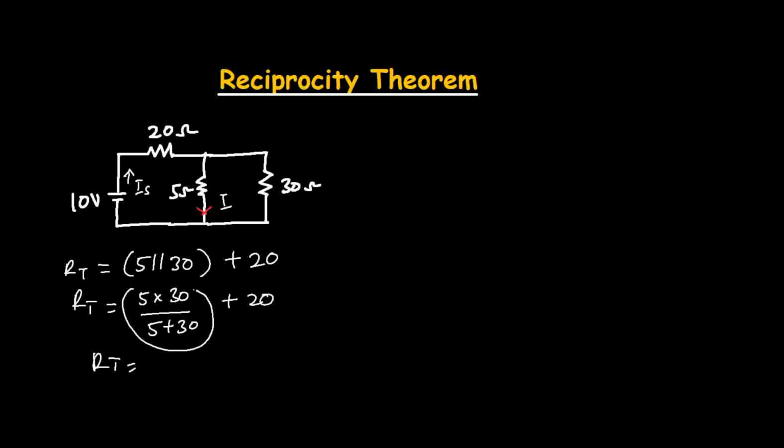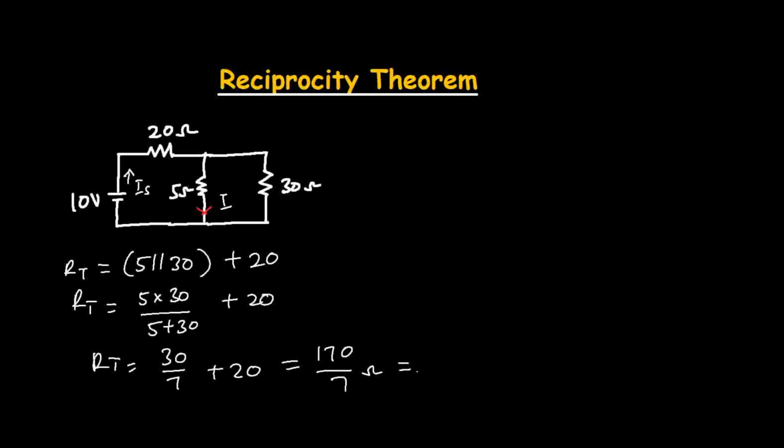Let's simplify that part first. 5 times 30 divided by 5 plus 30 gives me 30 on 7. So that will be 30 on 7 plus 20. When I add 20 to the 30 on 7, that will give me 170 divided by 7 ohms.